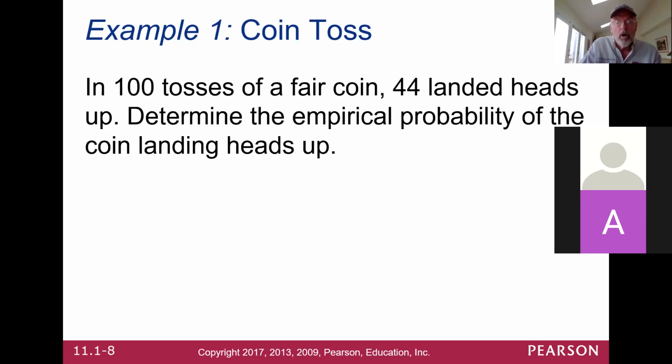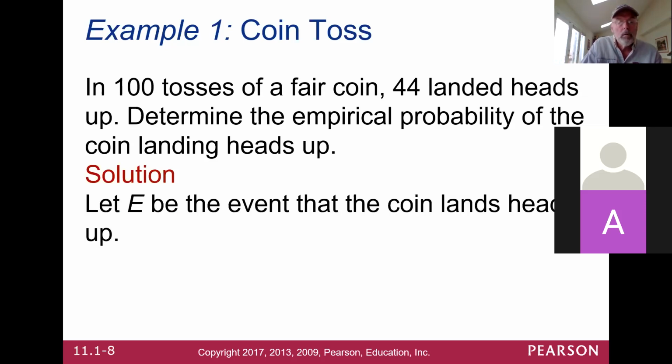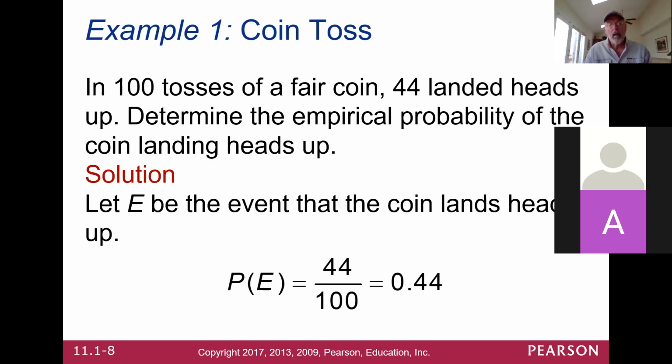So if we wanted to know the probability of that empirical experiment, we would have the number of events, 44 over 100, and that would be a probability of 0.44.